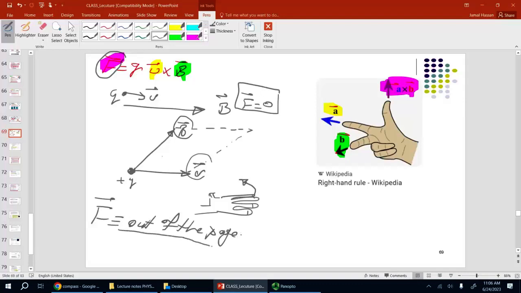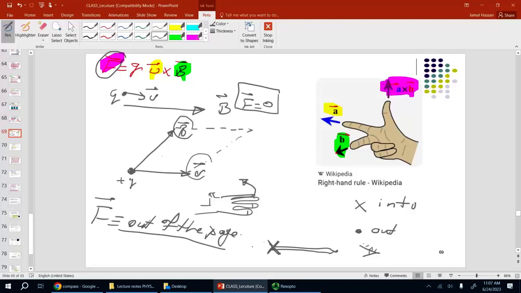Now, out of the page, you could either write it this way, or actually there is a notation for out of the page or into the page. Cross means into the page, and dot means out of the page. This symbol actually came from an arrow. So if your eye is here, you're going to see the dot, so for you, it's like out.